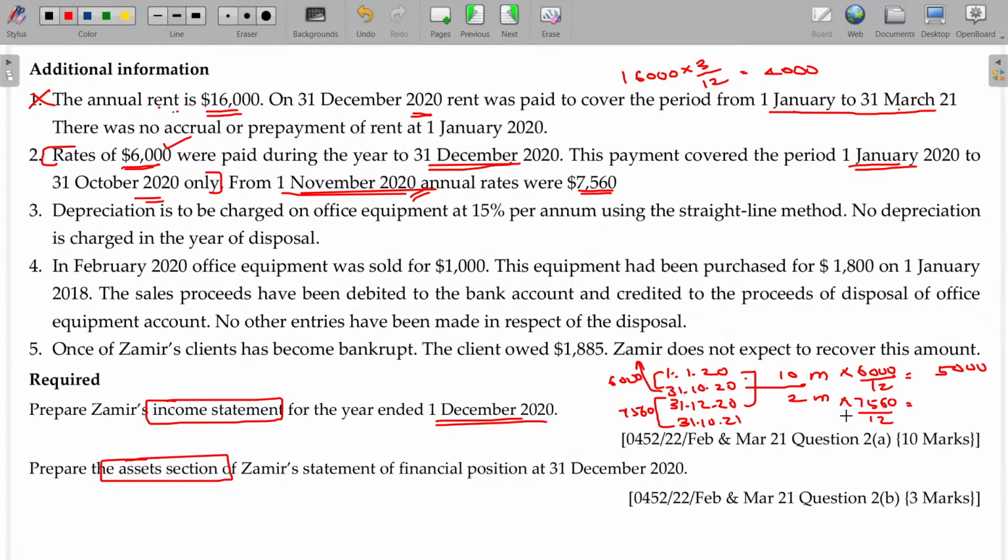The 2 months value being 7,560 into 2 by 12. The value being 1,260. Then overall rates being 6,260 for this period. Clear?